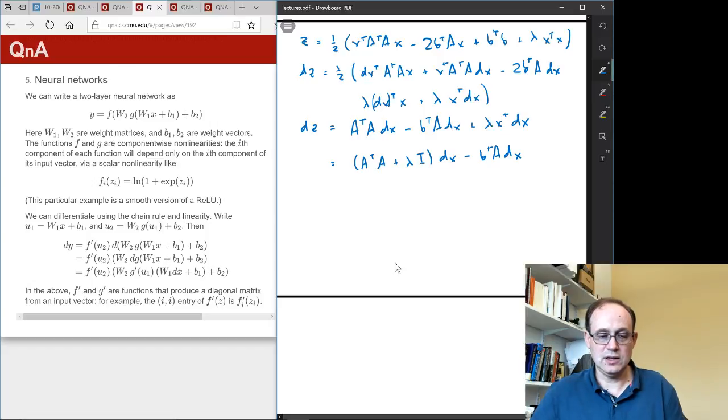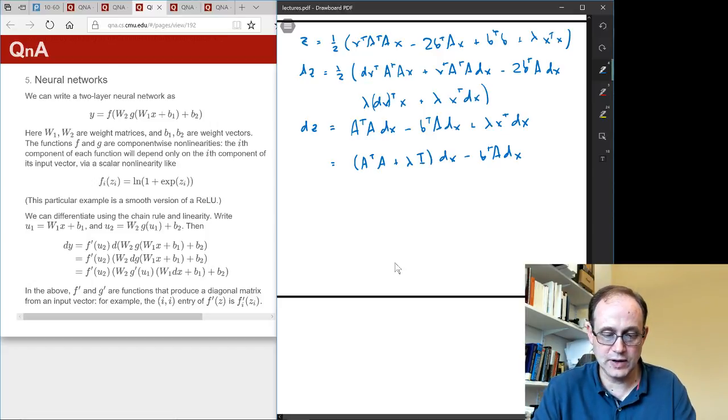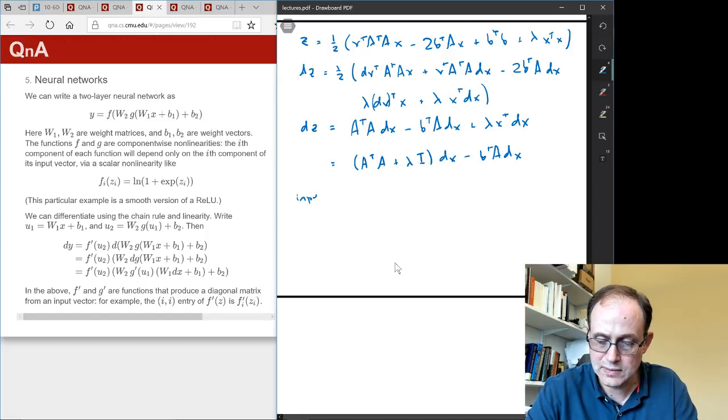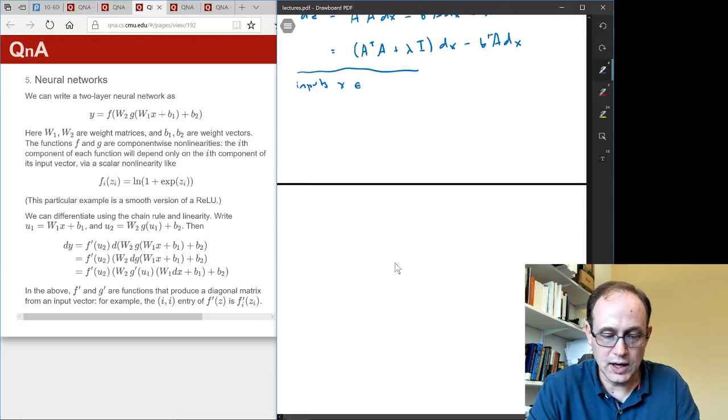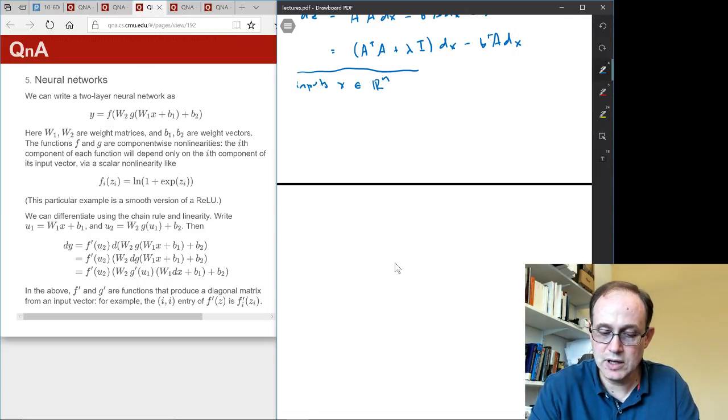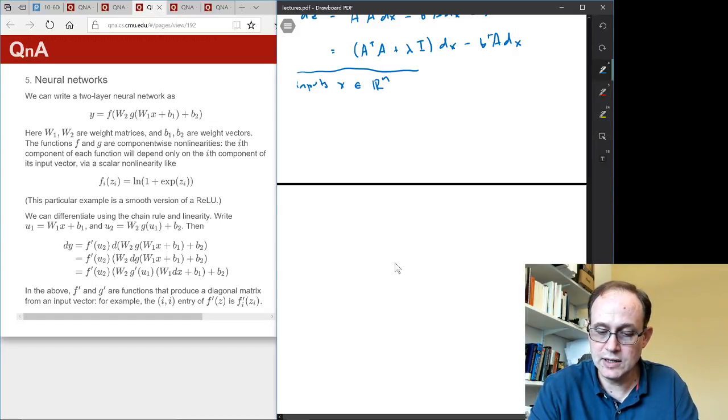So let's write this out. We have inputs X, and that's going to be in, let's say, Rn. And then we're going to map those to something we'll call U1, which is in Rm.